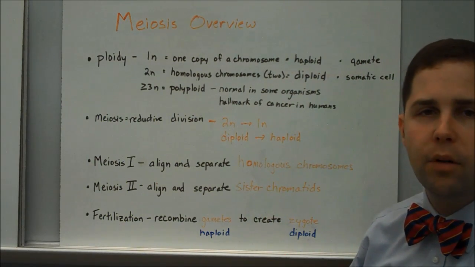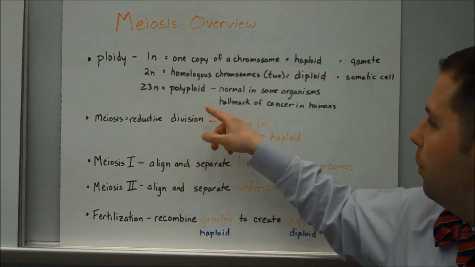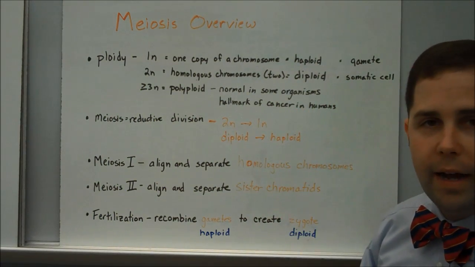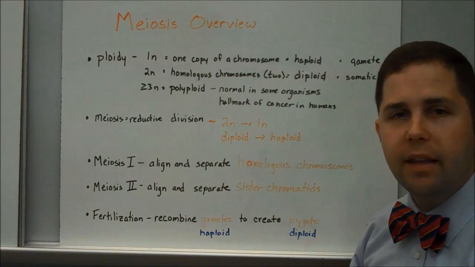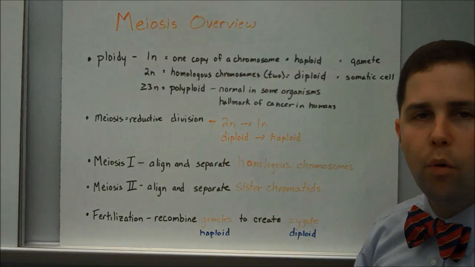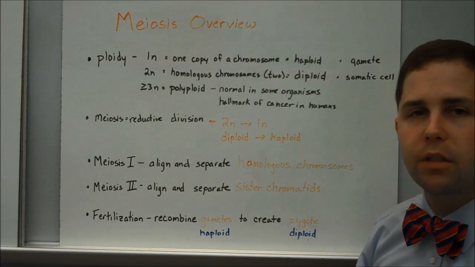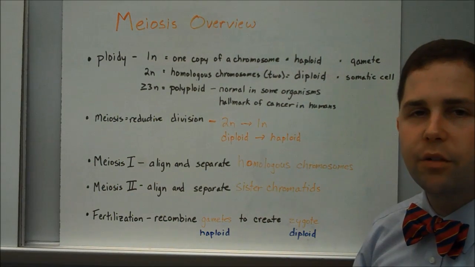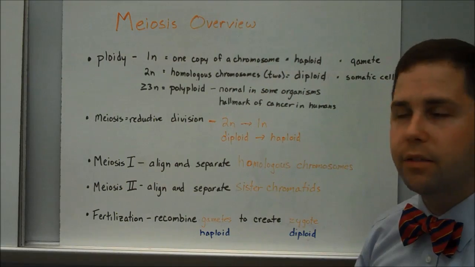It's not abnormal. It's how they go through life. But in human beings, polyploid cells are a hallmark of cancer cells. We've talked in class about the HeLa cells that are used for research. HeLa cells actually have more than twice the normal number of chromosomes that a cell should have. And scientists believe that part of the reason that those cells are so cancerous is because of the multiple ploidy that those cells have.